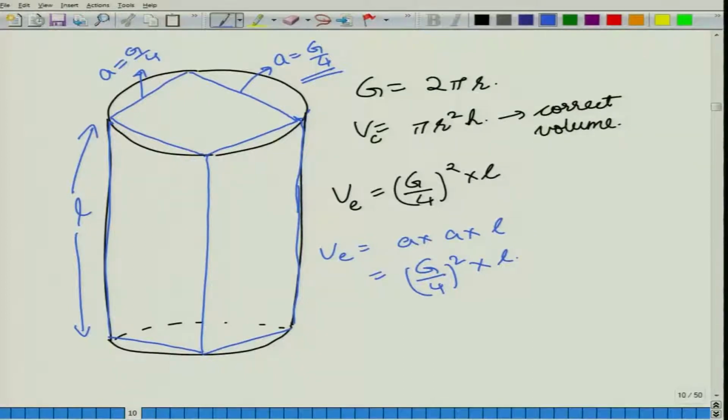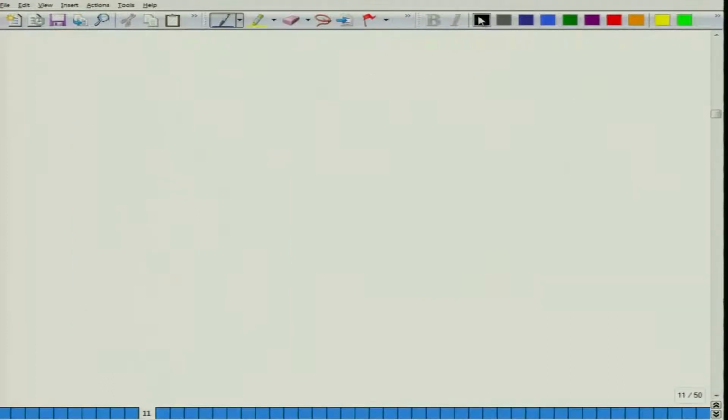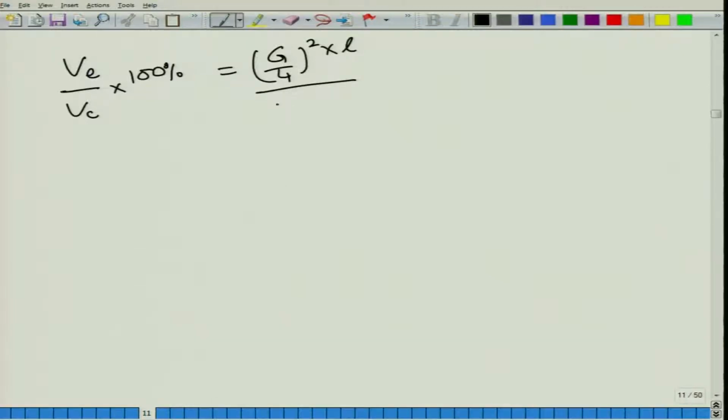Now, if we wanted to find out how much this estimated volume is in comparison to the correct volume, what we want to compute is volume estimated by volume correct into 100%. The estimated volume is (G/4)^2 into L, divided by the correct volume, pi r square L, into 100%. Now, G is given by 2 pi r.